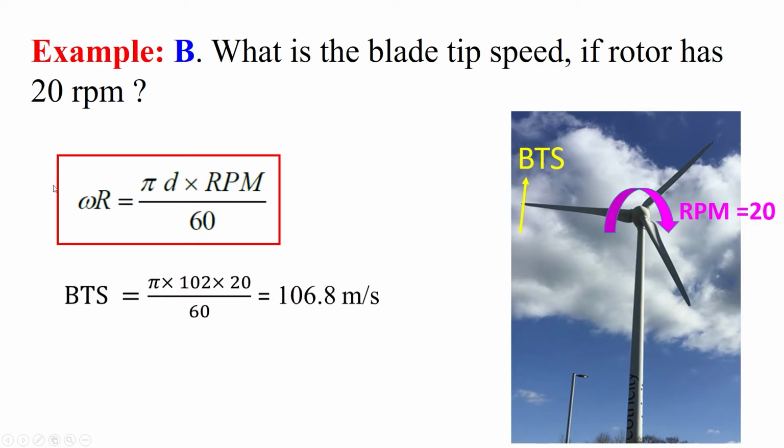So you have omega r, or blade tip speed, that is pi d rpm over 60. So you have pi and your diameter is same 102, and the rpm is given as 20, so you will end up with 106.8 meters per second. That's the speed here.